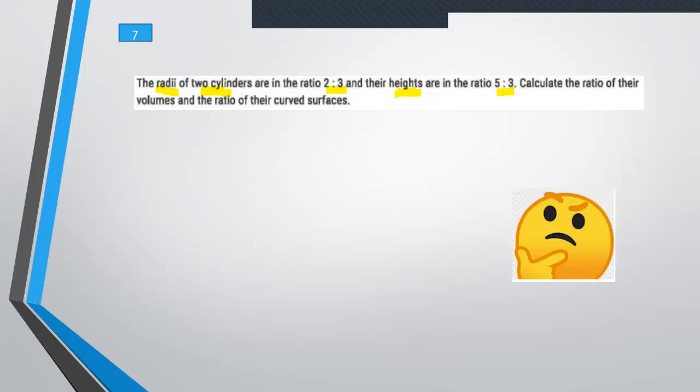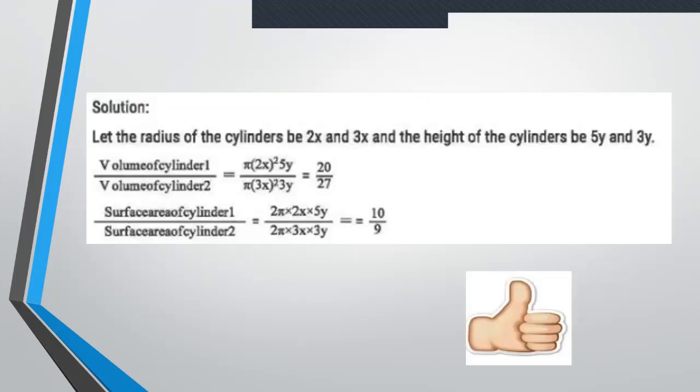The question is calculate the ratio of their volumes. Again, two sums I've punched into one. Calculate the ratio of their volumes first. First, give me that. So basically, you have to find V1 is to V2. Ma'am, is it 10 by 9? That is not the volume.